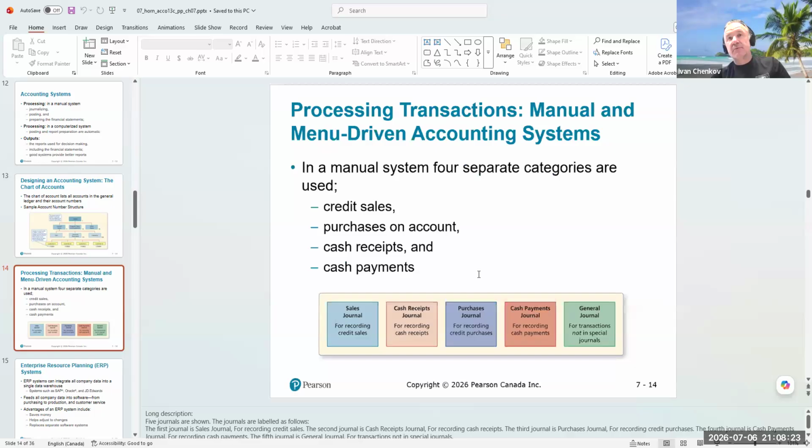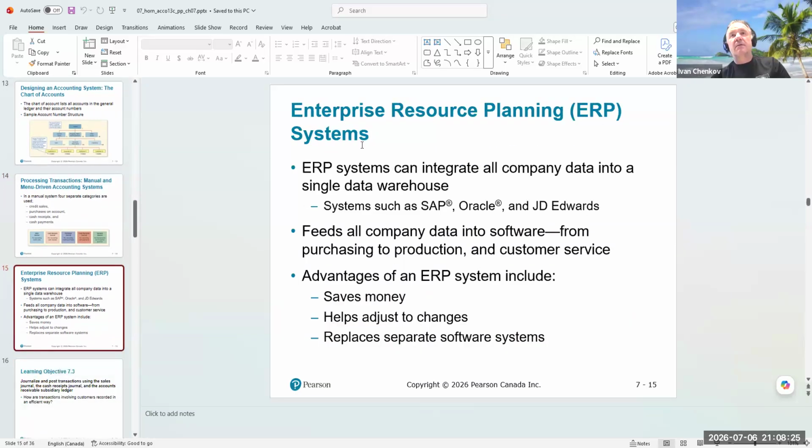Now, for the accounting system, we have another terminology, which is called the Enterprise Resource Planning System, or ERP system. That's software which holds all the company data in one place, with information not only about accounting, but also sales, purchases, purchase receipts, purchase orders, invoices, payments.